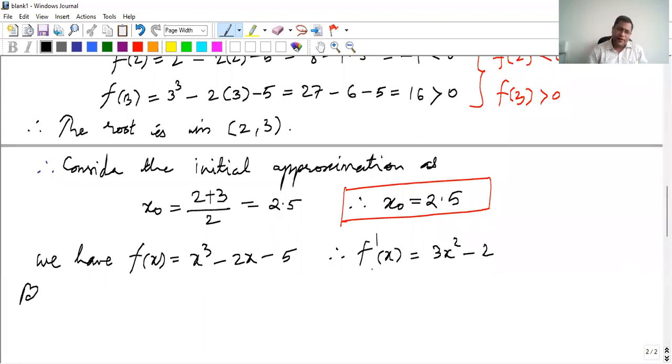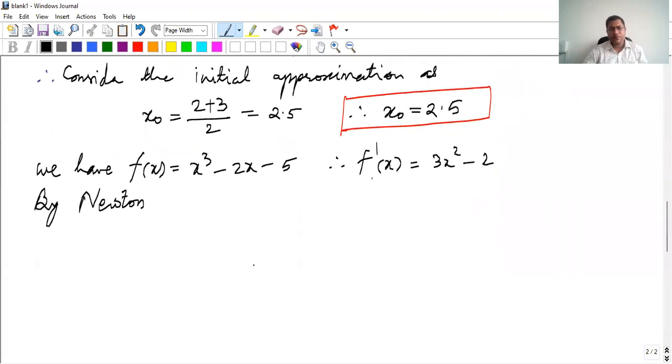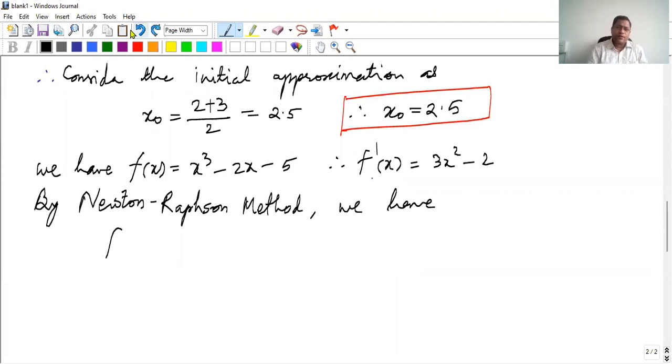So by the Newton-Raphson method, we know xn plus 1 is equal to xn minus f of xn upon f dash of xn.